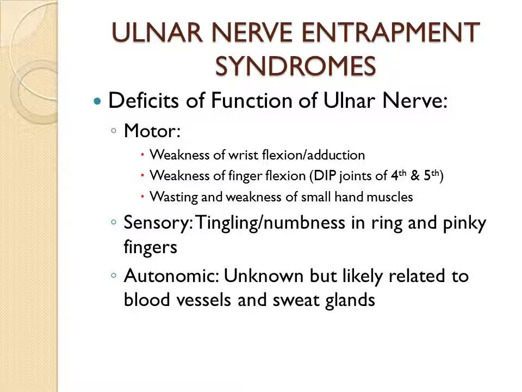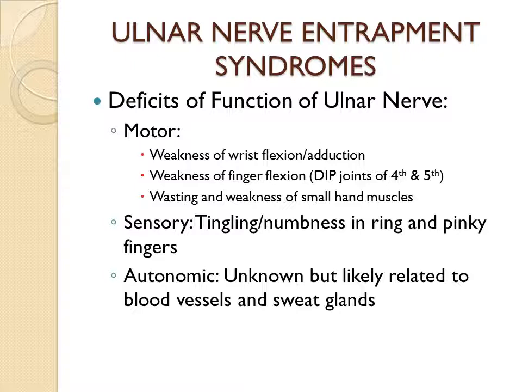Okay, so let's review now. With compressions of the ulnar nerve, and this is going to vary based upon the location of the compression, but just considering the entirety of the distribution of the ulnar nerve, with deficits of function of the ulnar nerve, we're going to have motor findings that include weakness of wrist flexion and or wrist adduction, and we call that ulnar wrist flexion.